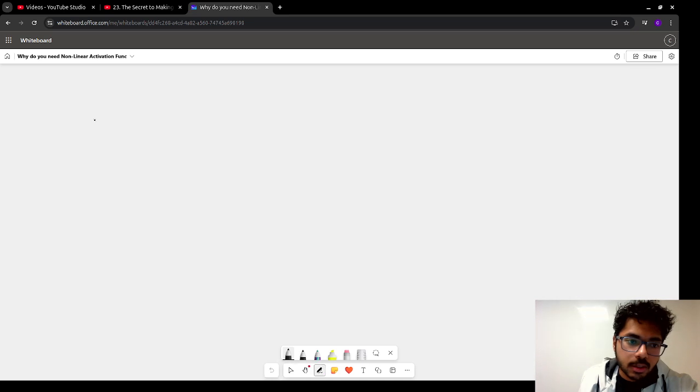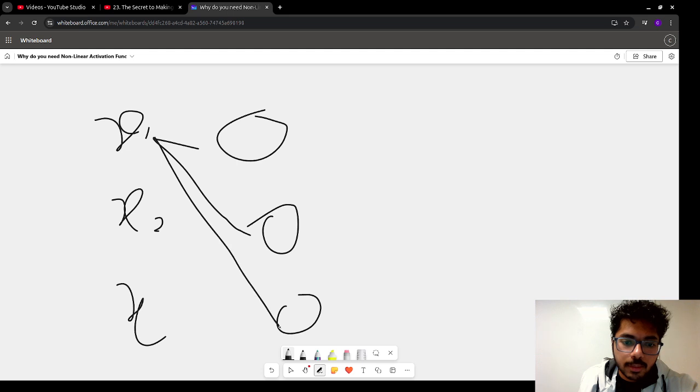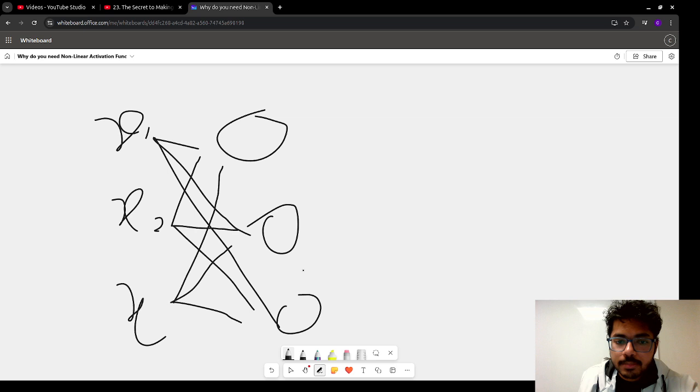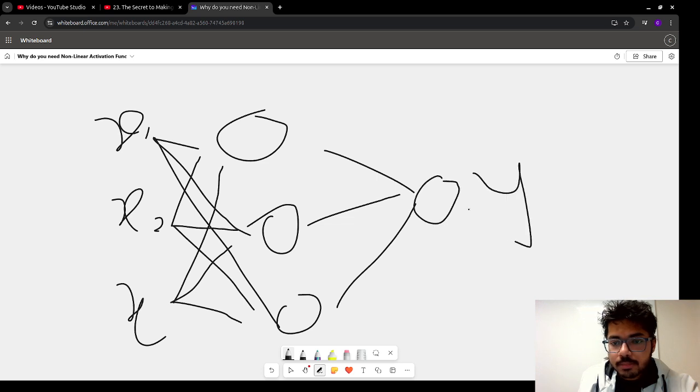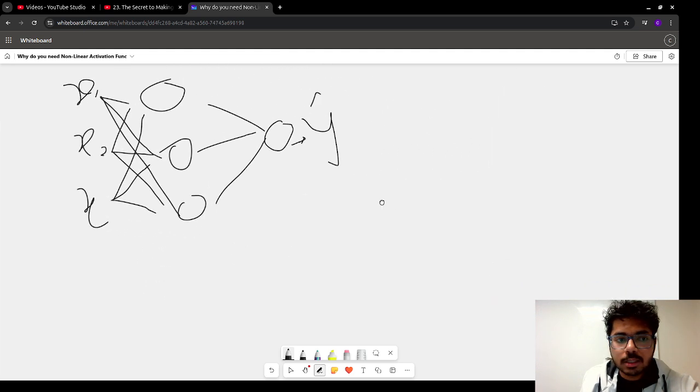So let's take our neural network, our basic thing where we try to visualize stuff. This is our usual equation that we use to visualize the basic thing.